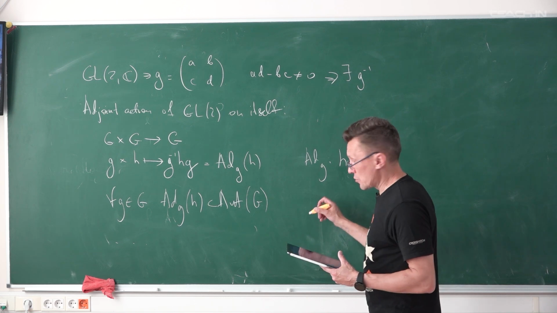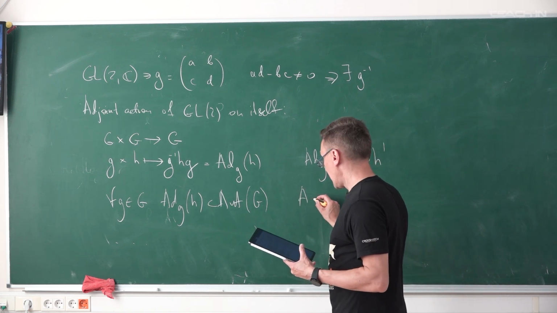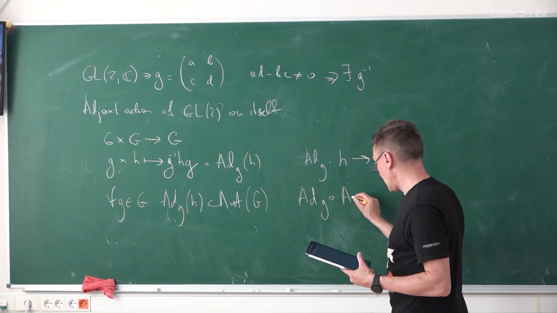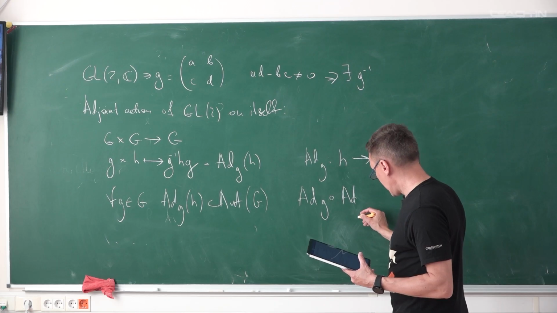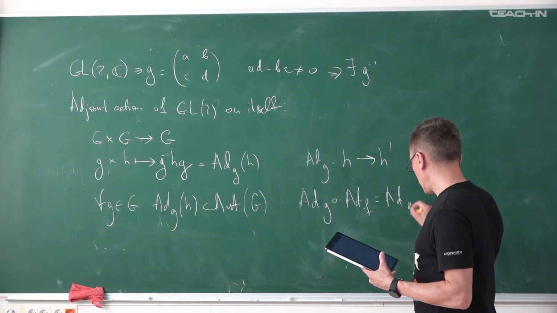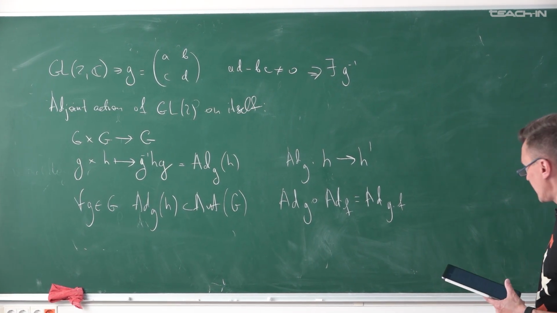I propose to demonstrate an even more general statement: that the composition of the adjoint of G with the adjoint of F is the adjoint of G multiplied by F. Is it right?